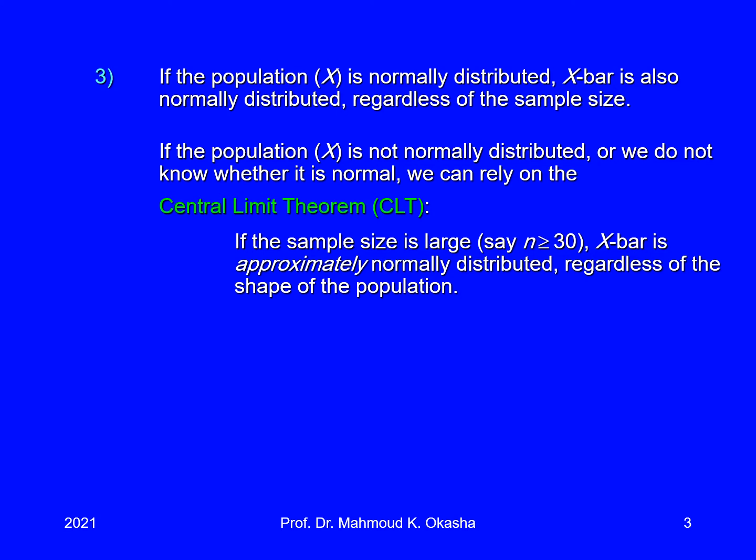That if the sample size is large, at least 30 units, 30 observations, then X bar is approximately normally distributed. It becomes more and more similar to the normal distribution, the bell shape.